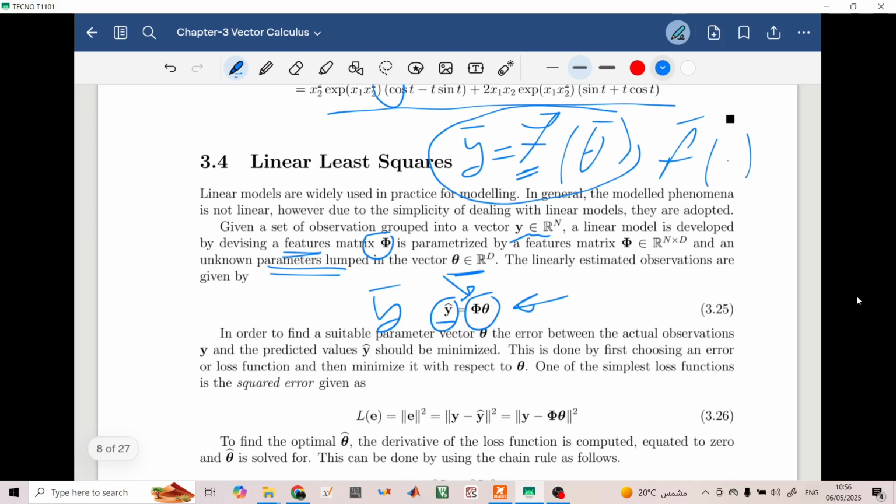Okay, what they do usually in engineering for a very long time is to use the least square sense, meaning that I want to find theta such that y hat, which is our estimate, our guess, is close to the actual observations y in the least squares sense, meaning the squared error is the least that we can get, right?